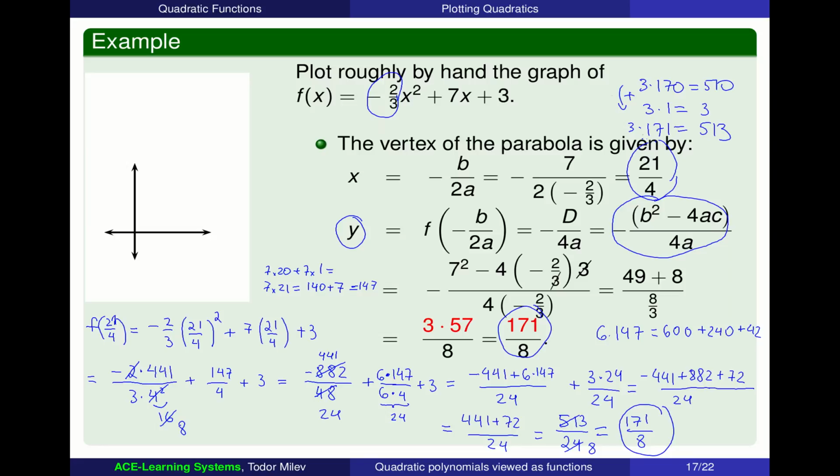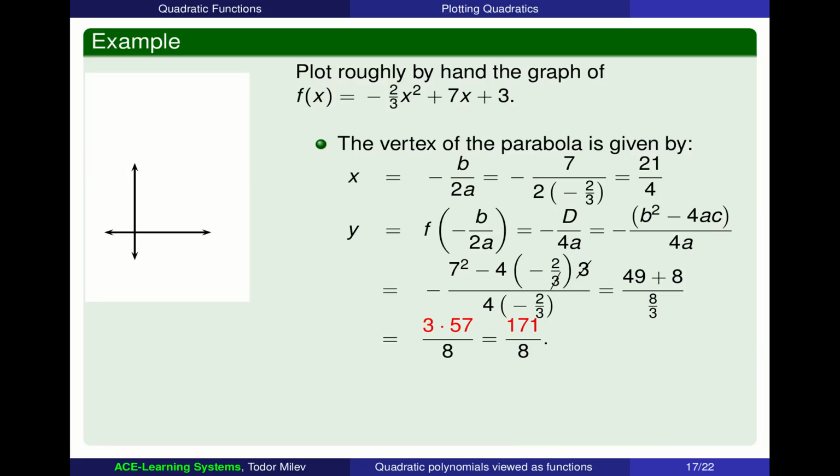Okay, we saw that since the x coordinate of the vertex is 21/4, then the y coordinate is 171/8. Okay, so that means that my vertex, this is its x coordinate and this is its y coordinate.